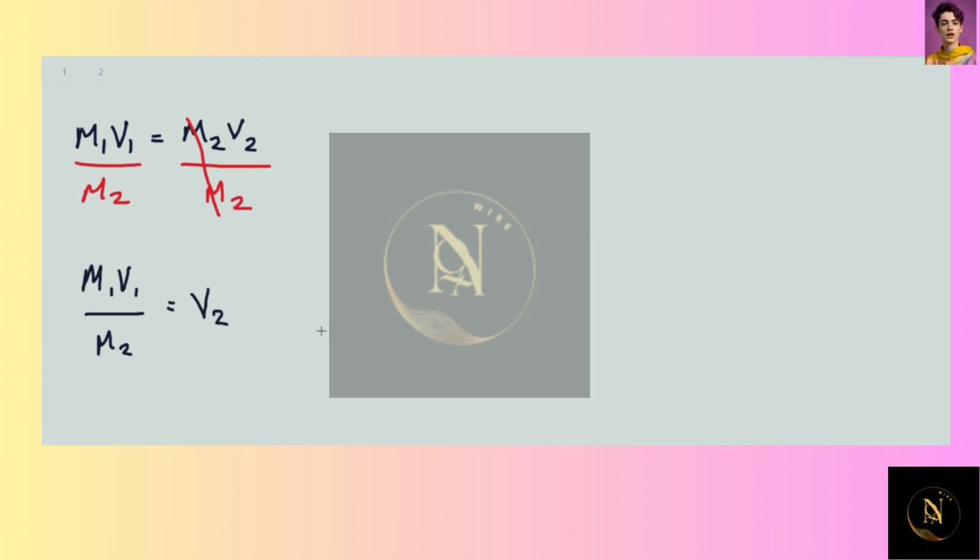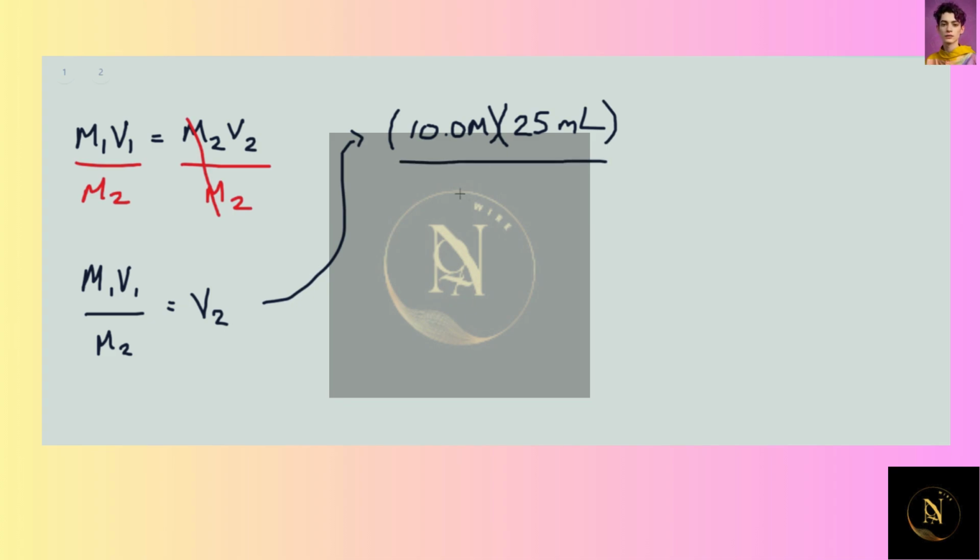And now, at this point, this becomes a plug and chug problem. So we can substitute our values. If you recall, M1 was 10.0 molar. We're going to bring over all of our digits and our units, because at the end, we are going to need to evaluate our sig figs and our units for the final answer. V1 is 25 milliliters.